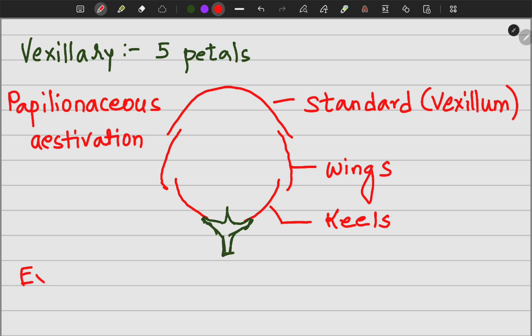Examples are pea and bean. These are the plants whose flowers show vexillary aestivation. Also, most of the members of the family Leguminosae.